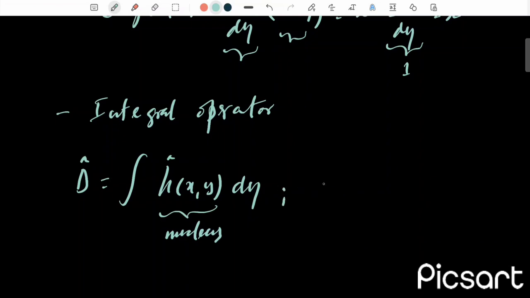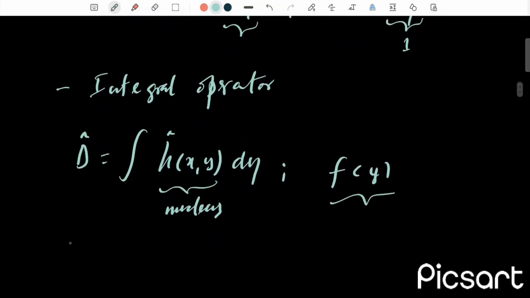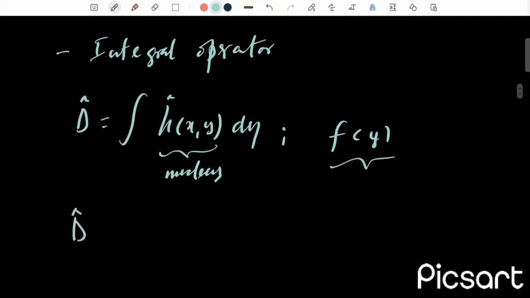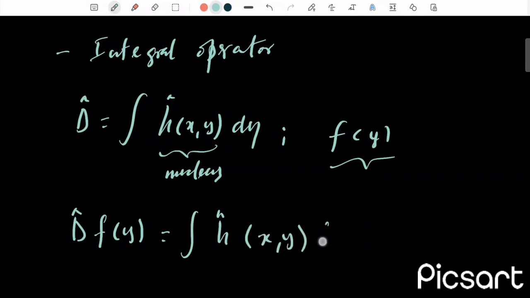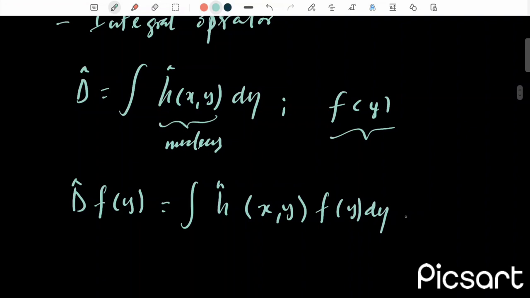Suppose that our function is f of y. Then when we act the operator on f of y, we have the integral of h of x and y times f of y dy.